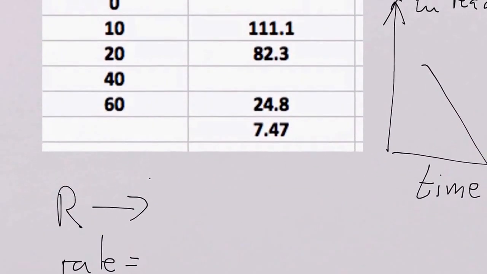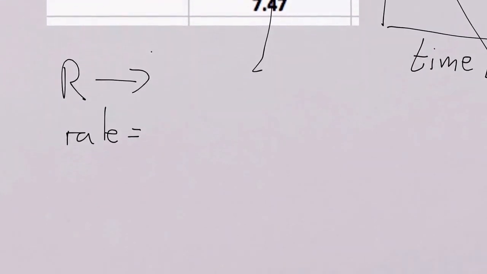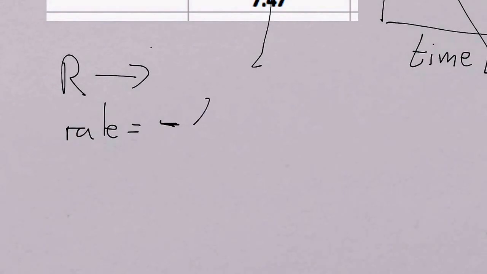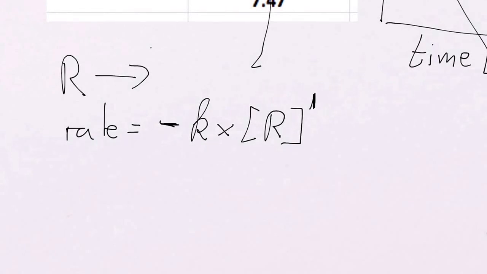It must be minus because we use up the reactant. So minus k times concentration of the reactant. What's the rate order? Yeah, it's a first order reaction. 10 marks for that. I guess even my cat could do that. Easy. Right.